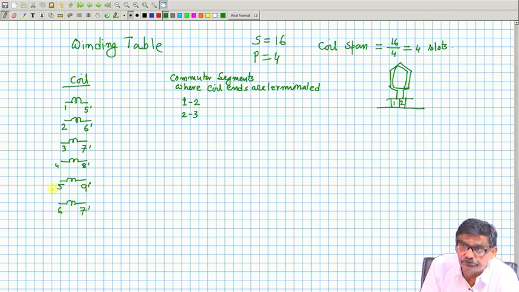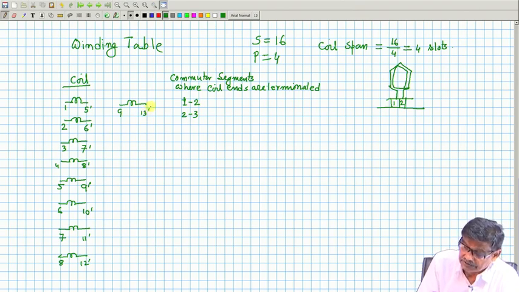These are coil ends, mind you, start, finish. 4 I have to add. 5 9 dashed is okay, 6 10 dashed, 7 11 dashed, 8 12 dashed, then another 8 coils are there, 9 13 dashed.